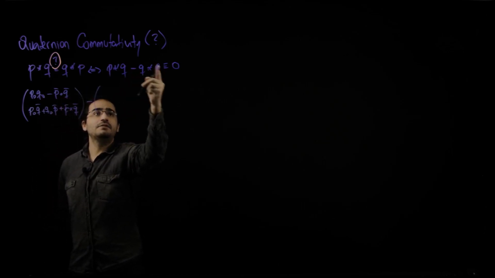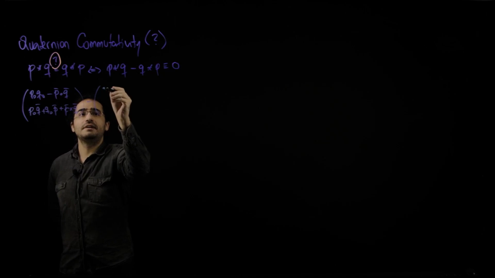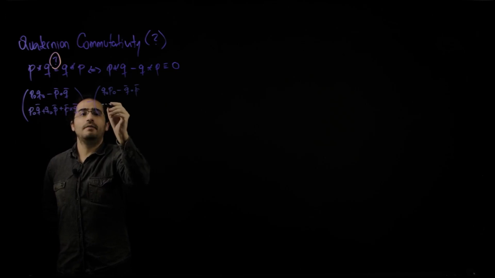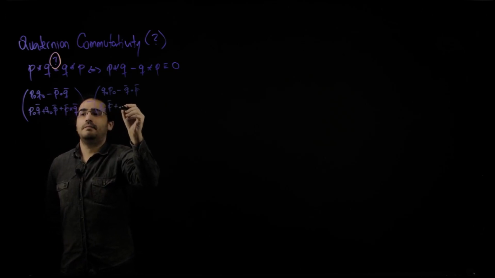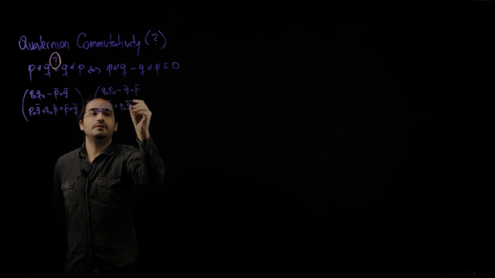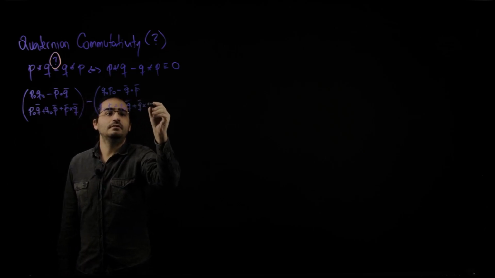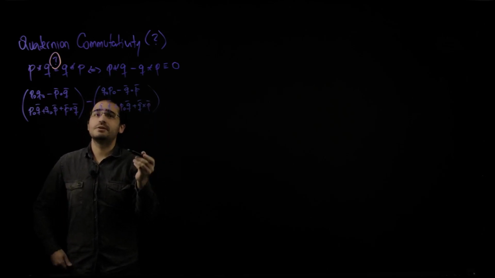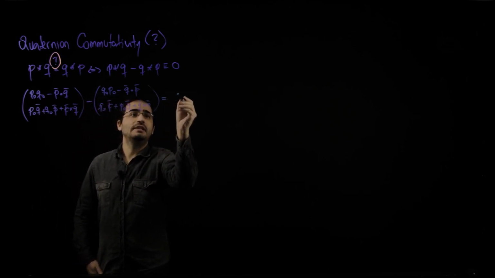And then we do minus, but with the order inverse, so inverse everything. Now we get Q0 times P plus P0 times Q plus Q times P. And this product here, as you might recall, is the cross product. And we're going to solve that.